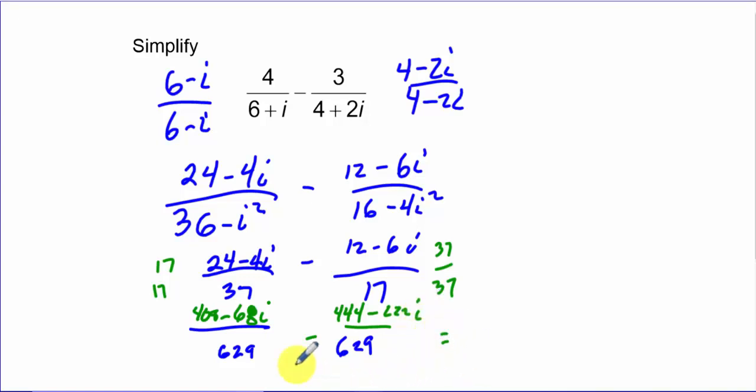And then I'm just going to subtract. In this case, we'll go 408 minus 444, sorry. I'm going to get negative 36. And then 68 minus, or actually it's going to be 68 plus 222, which is going to give me 154, all over 629.